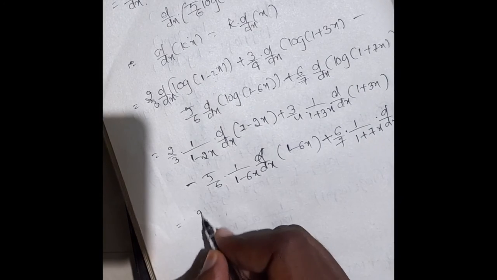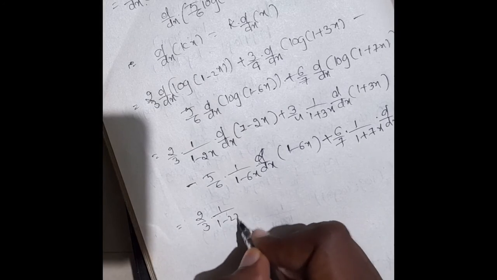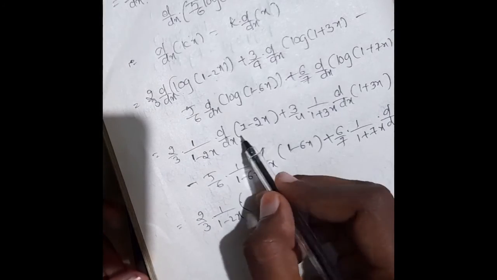So now 2 by 3, 1 by (1 minus 2x). Now differentiating, d by dx of 1.